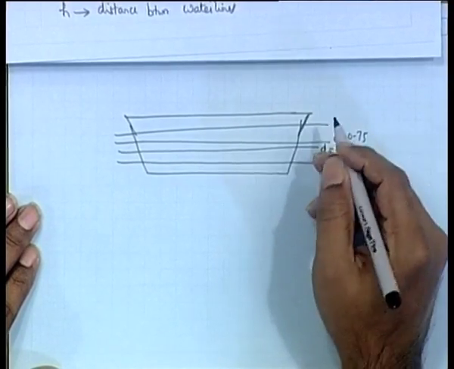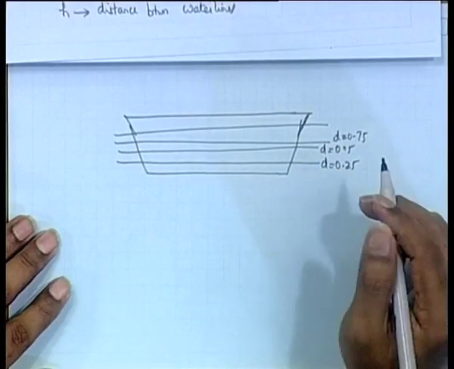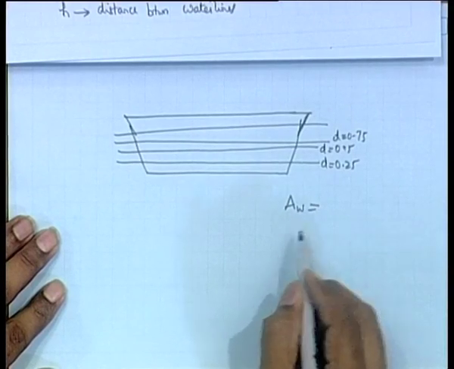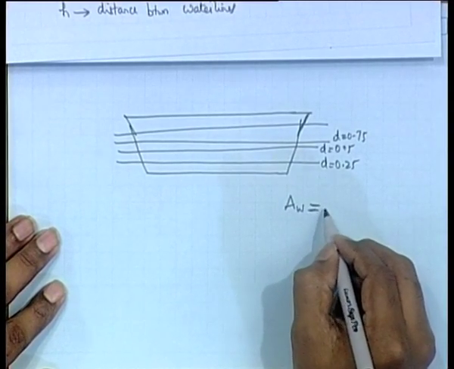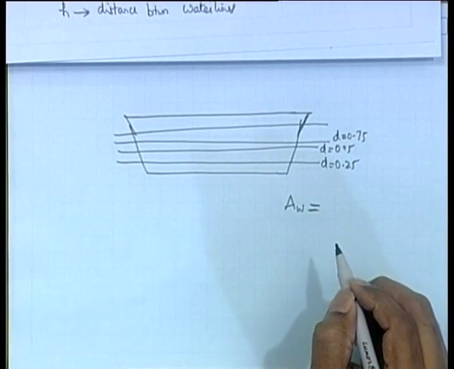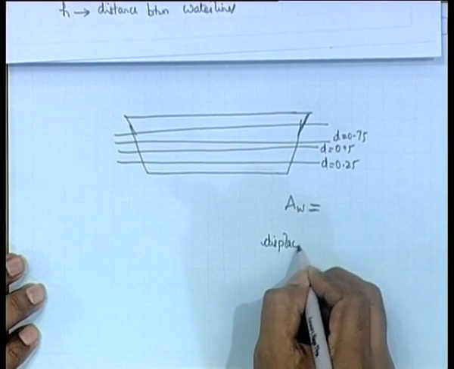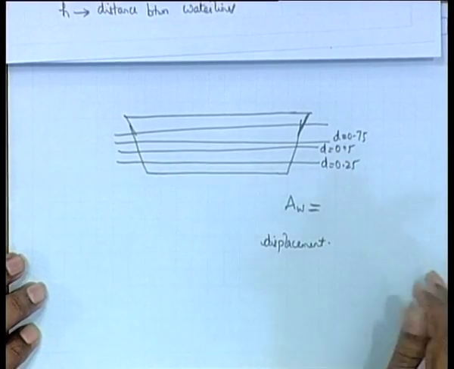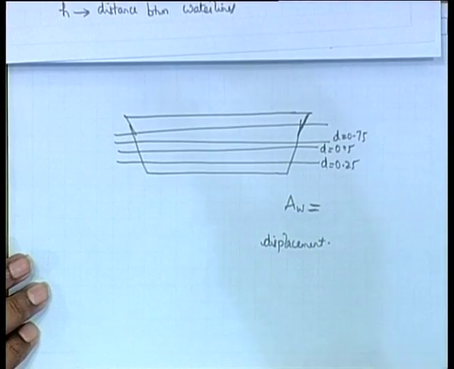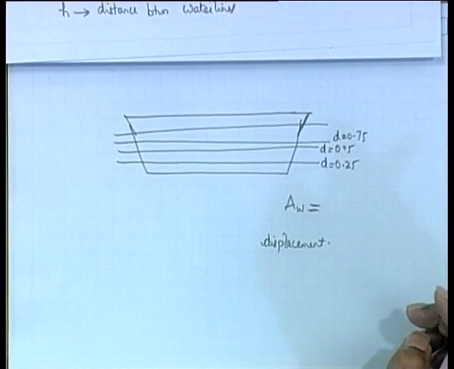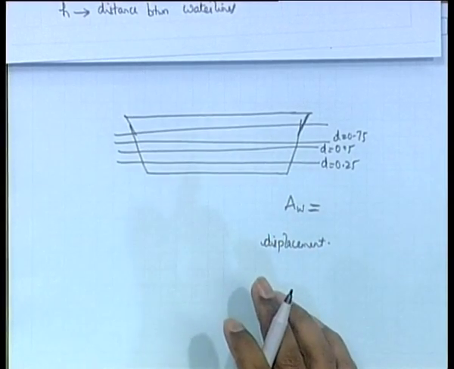You are given at different drafts what your water plane area is. AW, this is always written as AW, AW means water plane area. So, water plane areas at different drafts are given. So, what can you get from Simpson's multiplier? Volume, you can get the displacement. So, again your h becomes the distance between the water lines, which is the different drafts given.